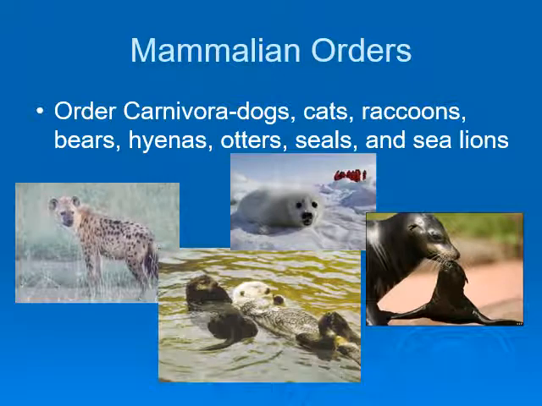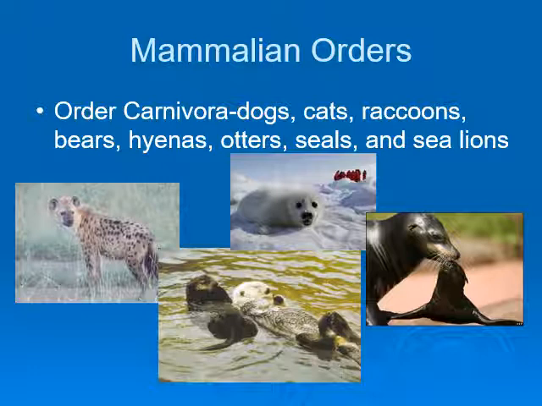Order Carnivora includes your main carnivores, things that are going to be eating meat, other bigger animals. So this includes dogs and cats. If they're out in the wild, they're eating mostly meat. I know that a lot of us feed dogs and cats kibble, which has corn and stuff mixed into there, but actually, dogs and cats are categorized as carnivores.